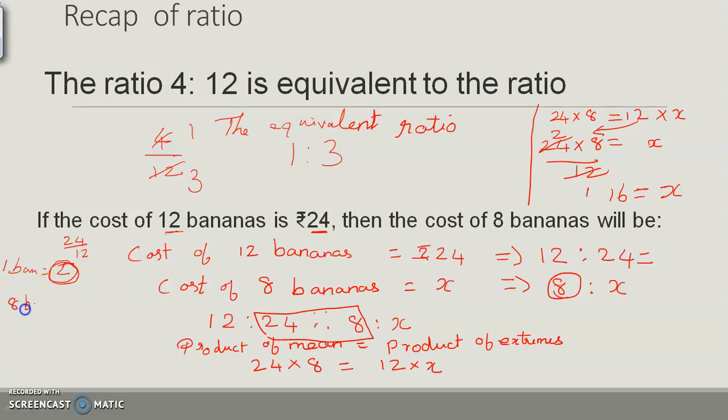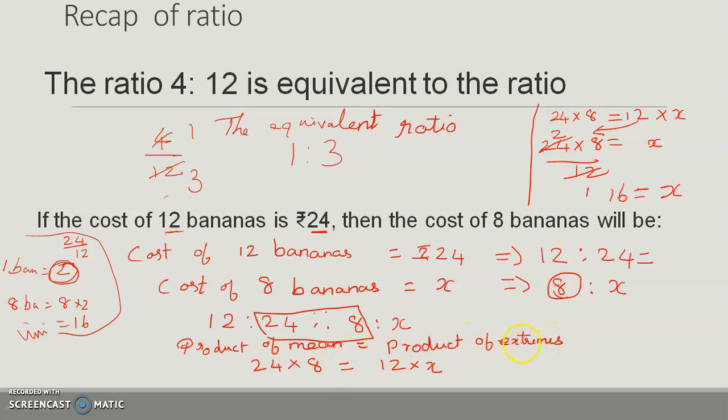Therefore, what is the cost of 8 bananas now? 8 into 2, 16 rupees. I got the same answer here. The method that I used here in rough is called the unitary method. This is the method using ratios and proportion. You can simplify this and also follow the same rule, product of means is equal to product of extremes.